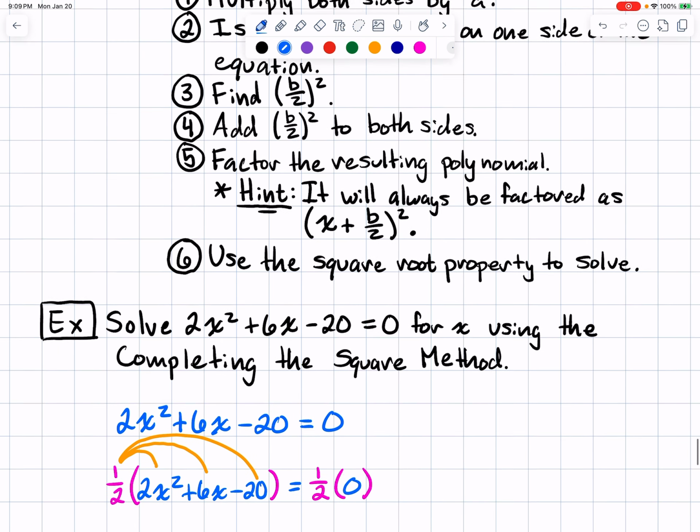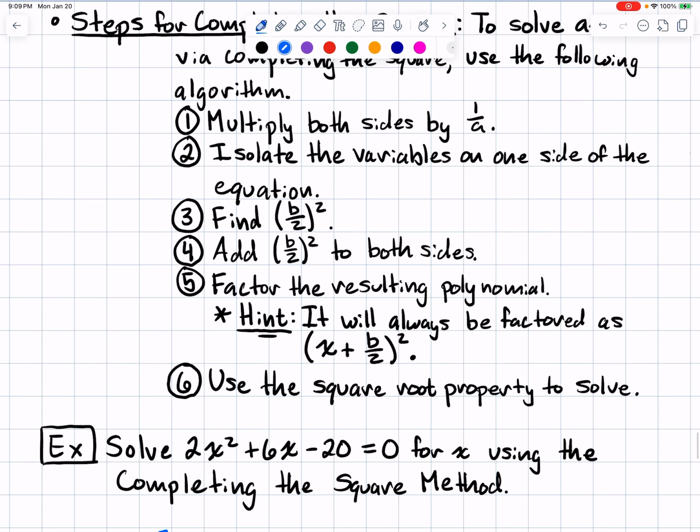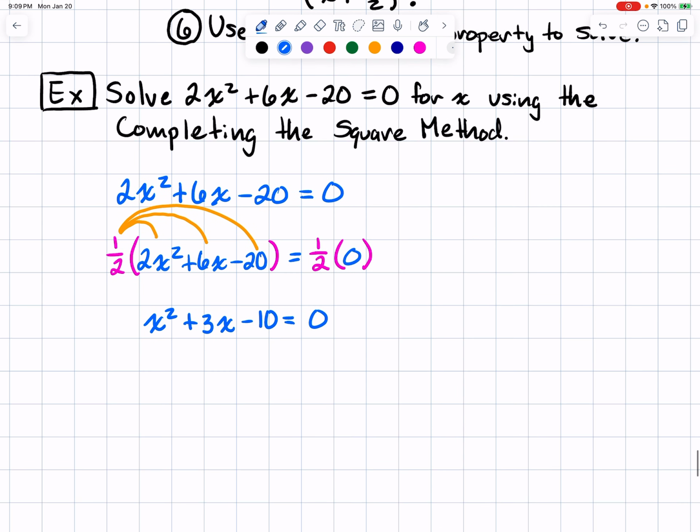Let's go look at step 2. Step 2 says isolate the variables on one side of the equation. So if we look down here, we can see variables here. X squared has x in it. 3x has x in it, so we want to get rid of the minus 10 because we want all of our variables on one side. So I'm going to add 10 to both sides.